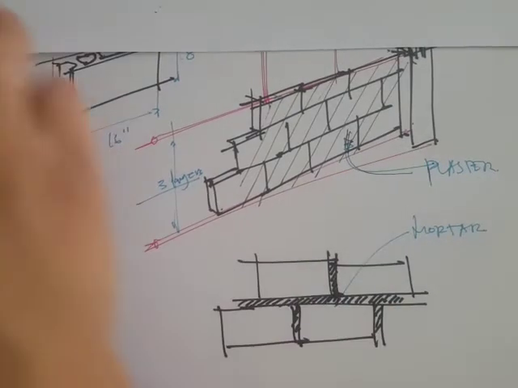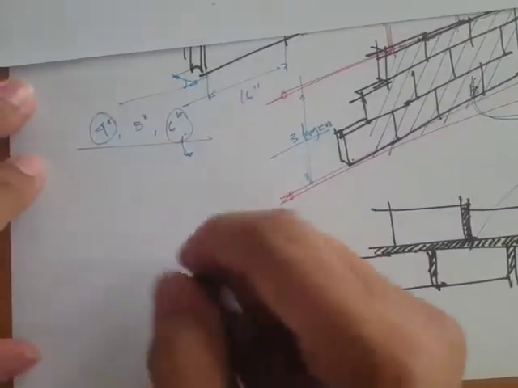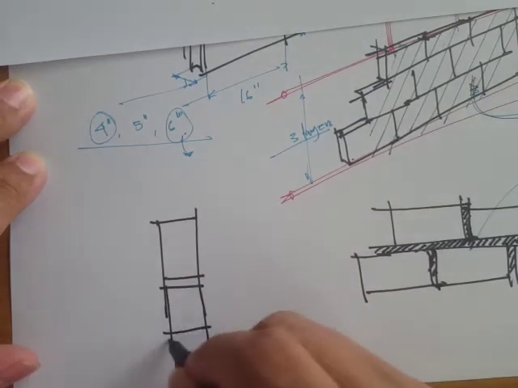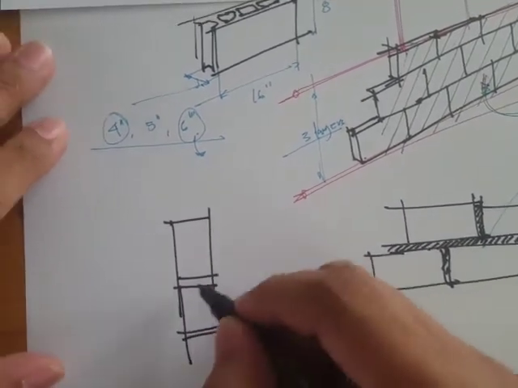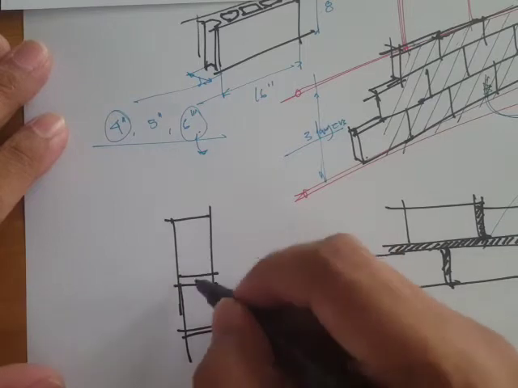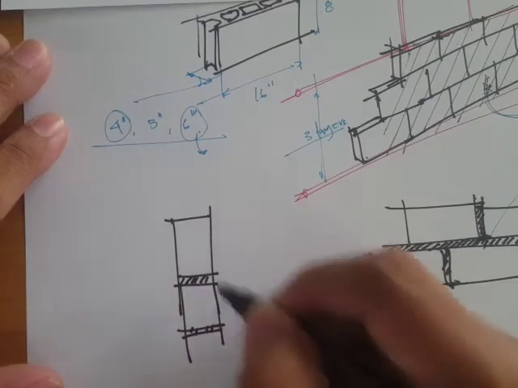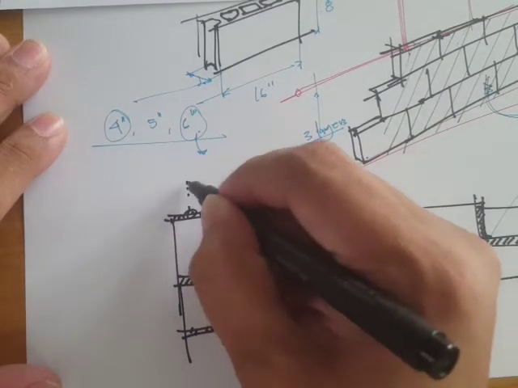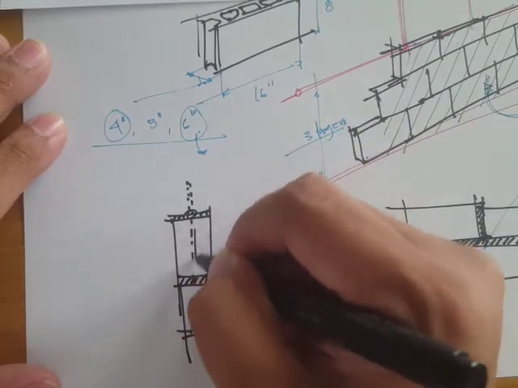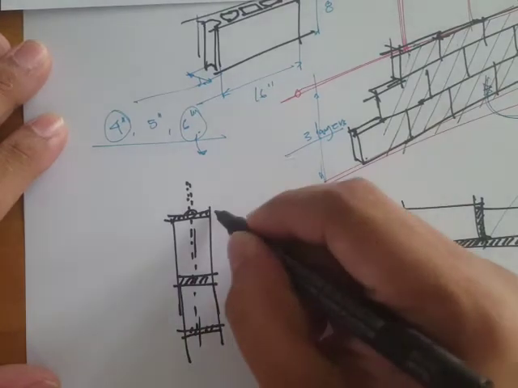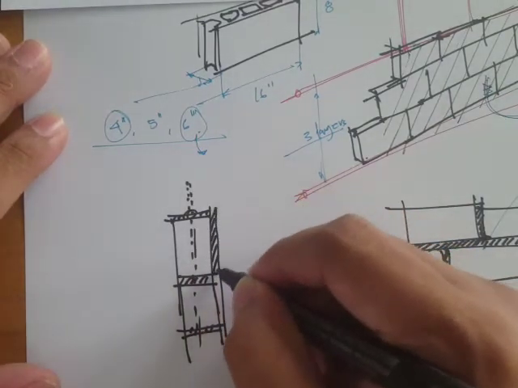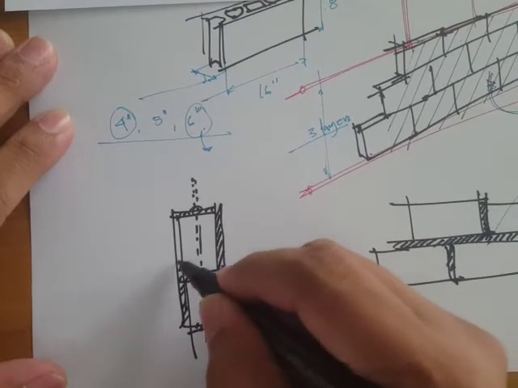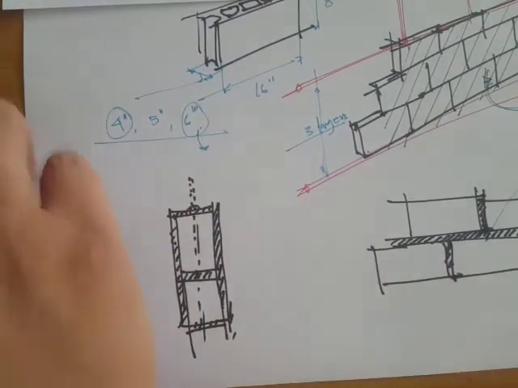Okay, so if you try to look at it in a section view, this is our CHB, concrete hollow blocks. This is the mortar. Then let's say this is the horizontal bars. Then the vertical bars are hidden. So on this face, as well as on the inside face, they're actually plastered.